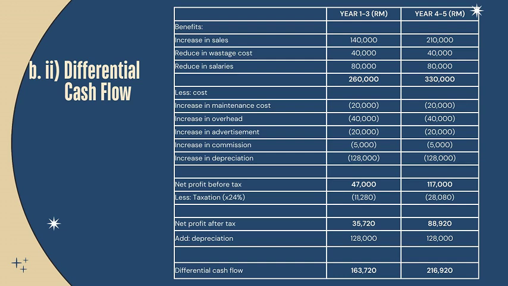Jackpot! Remember guys, this calculation is not just numbers. It is a route map of how the business is growing and thriving. The jump from year 1 until 3 to year 4 until 5 shows we are on the right track, making smarter moves and seeing real results.